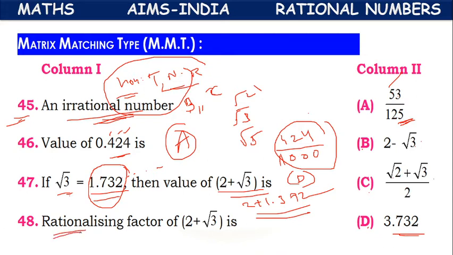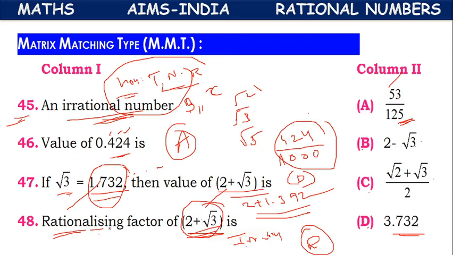So next, rationalizing factor of 2 plus root 3. Here root 3 is an irrational number, but if we multiply with one number, it can be turned into a rational number. That multiplying number is called the rationalizing factor.